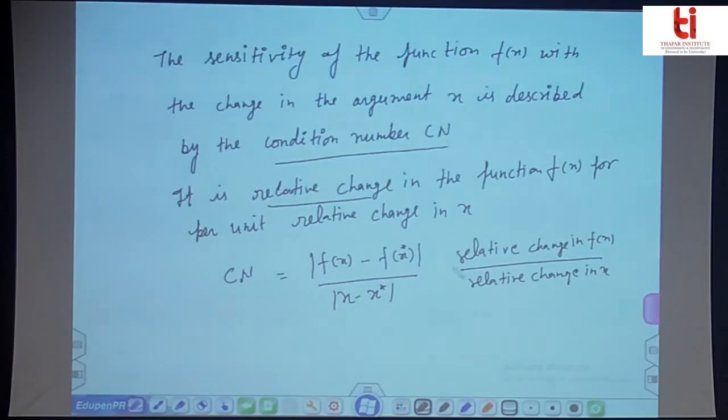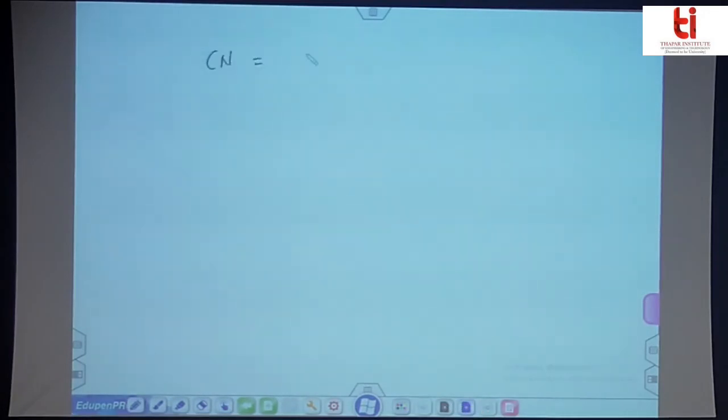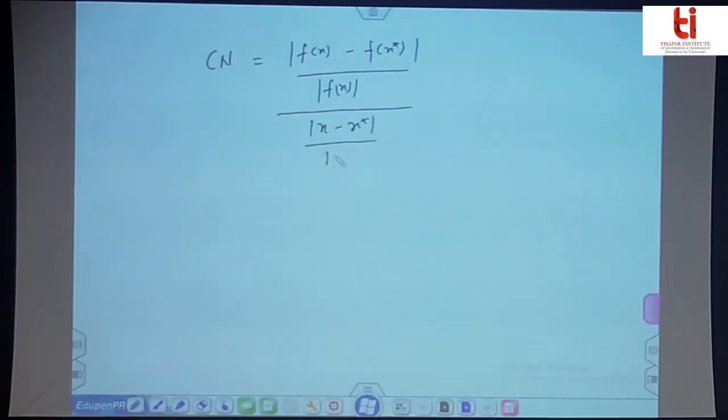Okay, so I should write it here, relative change in function, or we can say relative error in f(x) upon relative error in x. So it should be f(x) minus f(x*) upon mod of f(x). So Cn is equal to [f(x) minus f(x*) upon f(x)] upon relative change in x, that is [x minus x* upon mod of x].